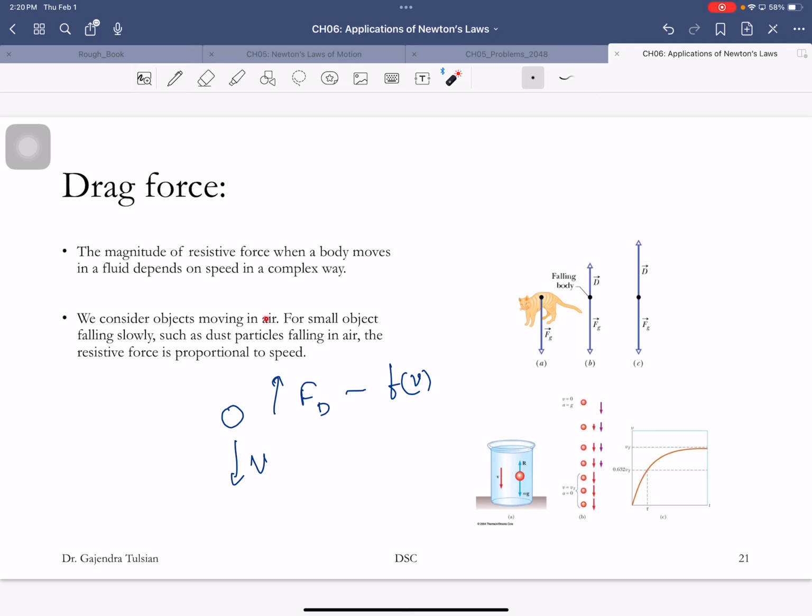We consider objects moving in air. Of course, the Navy also is interested in objects moving in water and stuff like that. The drag forces in a liquid are much greater than in air.